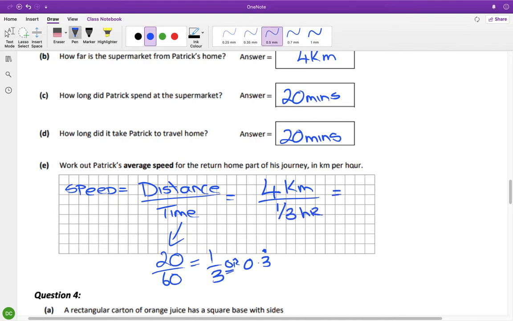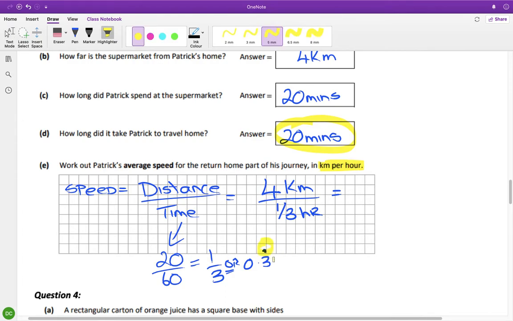Sorry, I went on that little tangent, didn't really explain. It says kilometers per hour. So the kilometers is fine, the distance, but the time here is in minutes. Can't have minutes, so you need to convert it to hours. The way you convert it to hours is you divide it by 60 because there's 60 minutes in an hour. So I took the 20, divided it by 60, and that is 1/3 or 0.3 recurring.